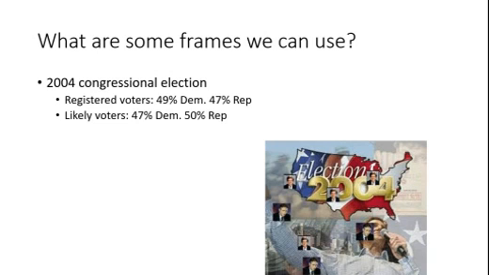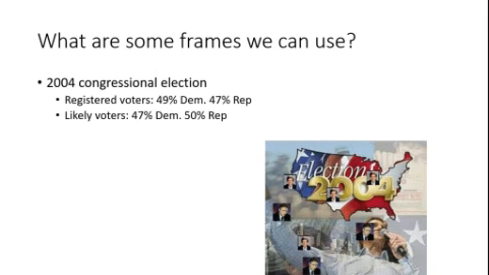And then you can shrink it down even further and go likely voters. So even though somebody is registered to vote, doesn't mean they will vote, because not everybody uses their right to vote. They just choose not to. So that's why they also ask for likely voters, people that say, yes, I will vote this year, or I'm planning on voting. And as you see here, you've got a different split, 47% Democrat, 50% Republican in 2004.